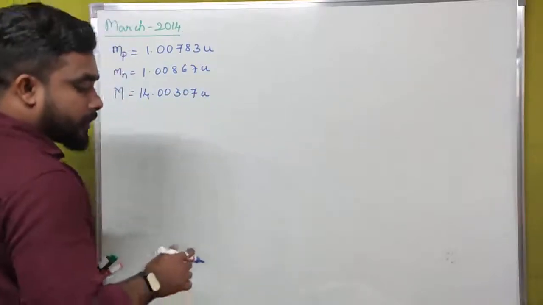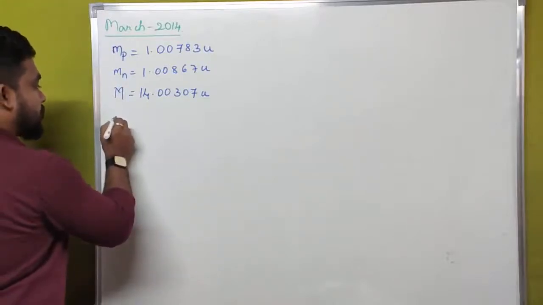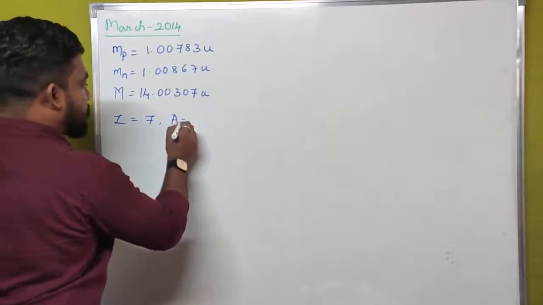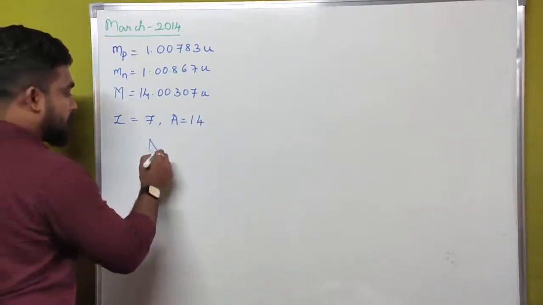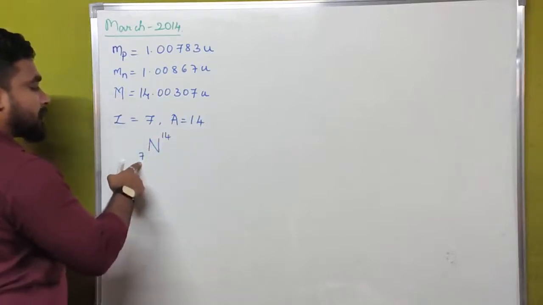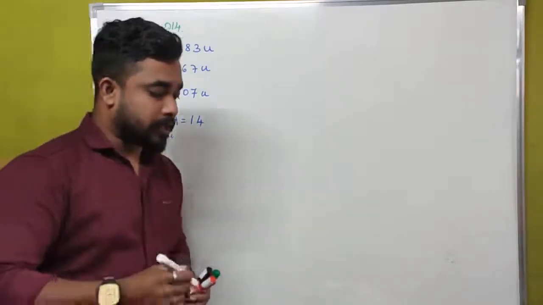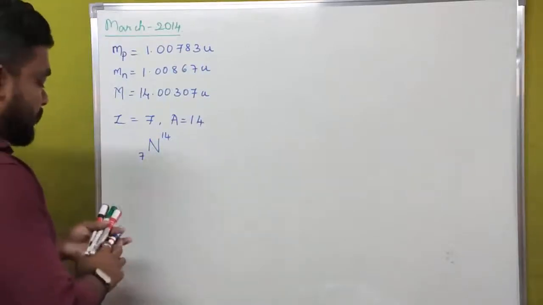For the nitrogen atom, we know the atomic number Z is equal to 7 and the mass number A is equal to 14. For nitrogen, N-14-7, that is atomic number is equal to 7 and mass number is equal to 14. Actually, these are the given data for our problem, and the solution will be like this.